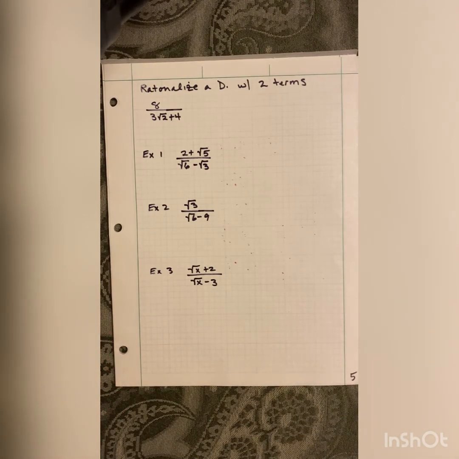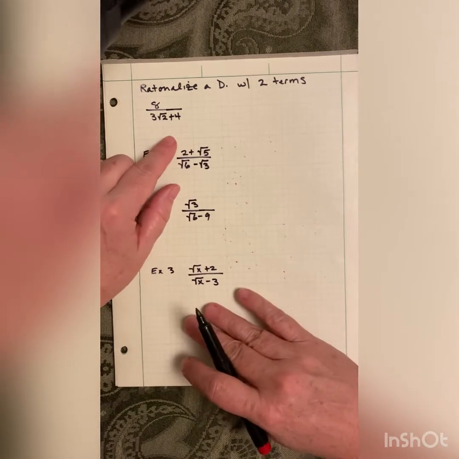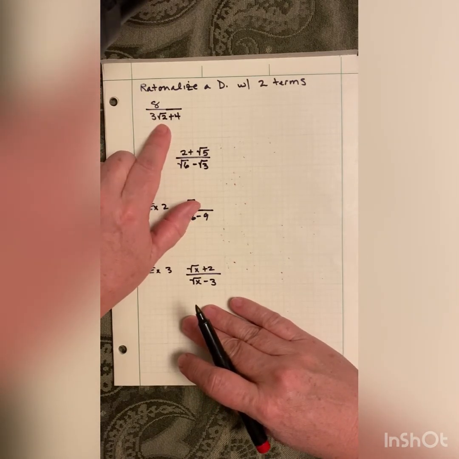Let me get my notes. Okay, so to rationalize the denominator, this one's breaking a rule, right? I'm not allowed to have a radical in the denominator.